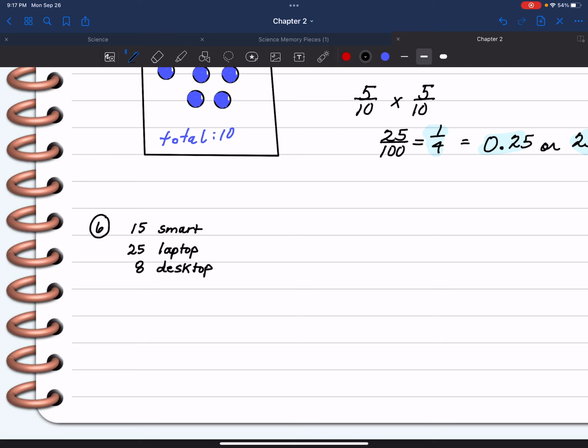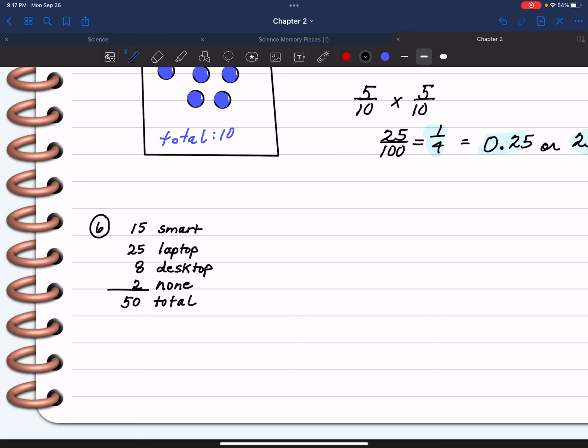And 2 people said they did not use the internet. So let's make sure that this adds up to 50. So 25 and 15 make 40, and then 8 and 2 make 10. That is 50 total people asked.